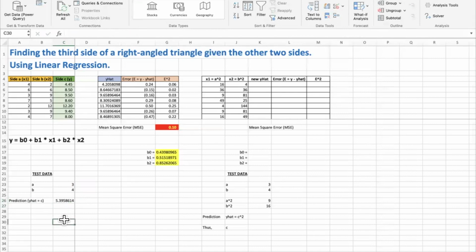Now this is pretty good, but however we know that by Pythagoras theorem, we can calculate the third side by taking a square and b square and summing it up, and then finding the square root.